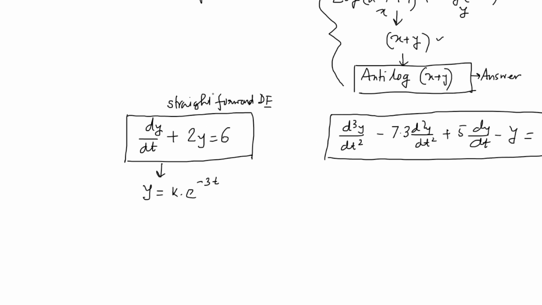Your normal differential equation approach will not work here. Even though it works, it will take a large amount of time, and we do not have so much time to solve that. So that is the role of the Laplace transform here.